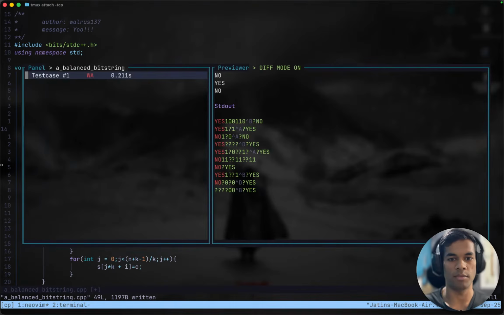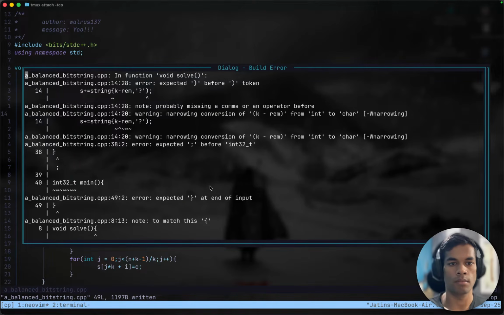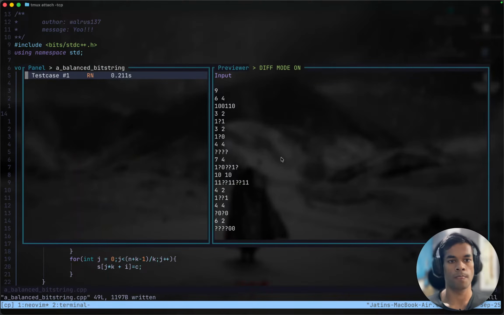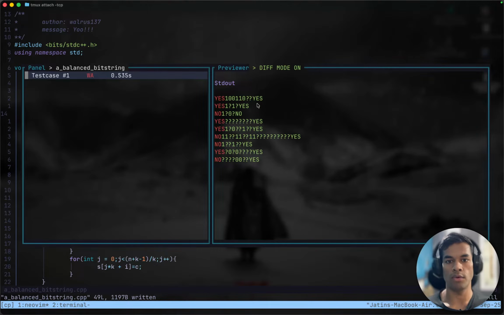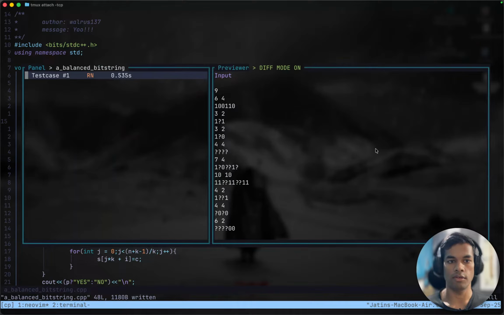It is messed up. Okay, now it is okay. Now it is actually okay. The answers are not matching, but the string is getting as I would like it to be.